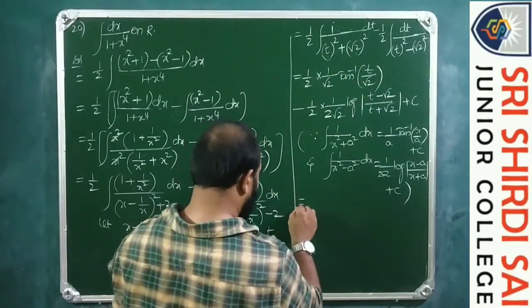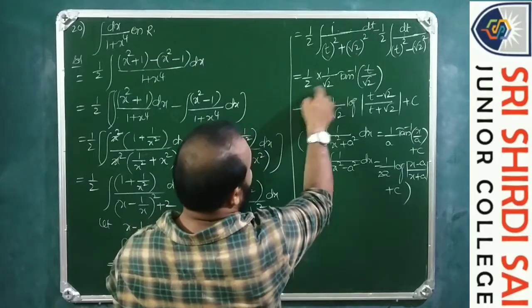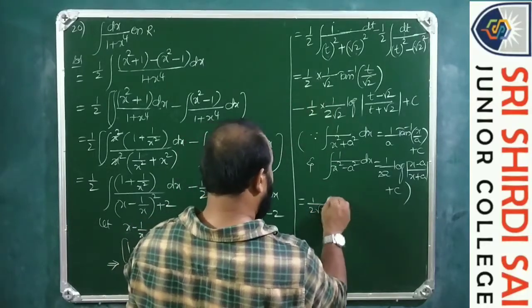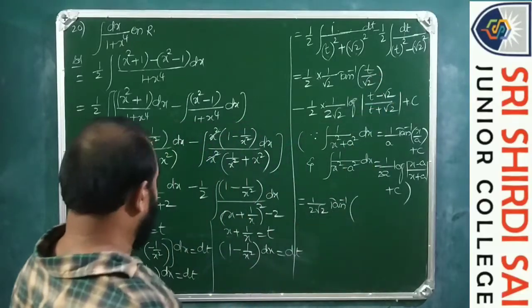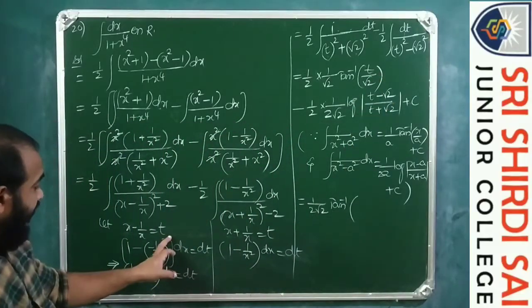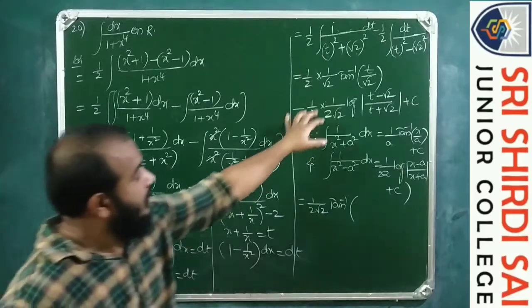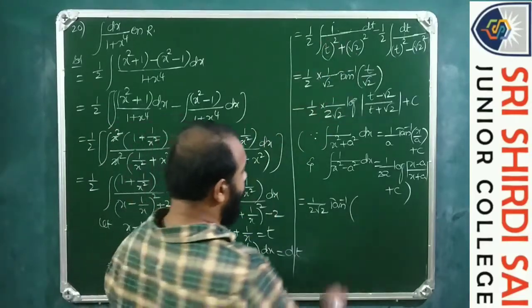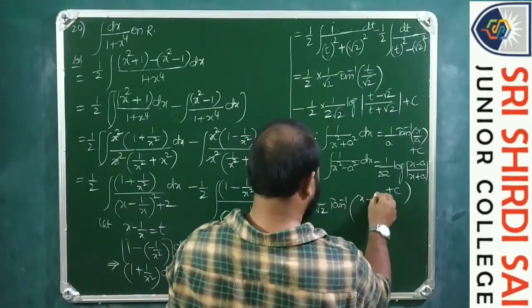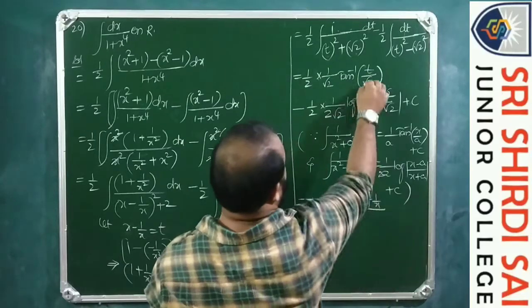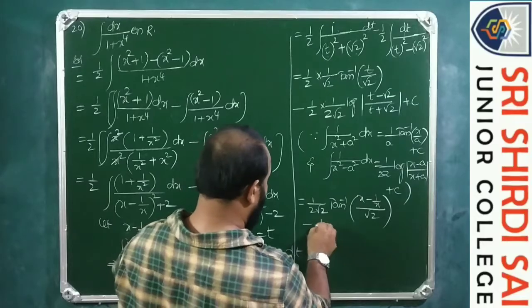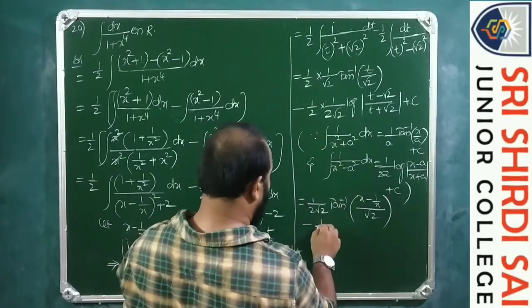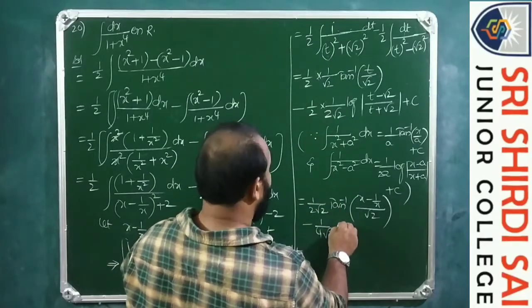Now this is 1 by 2 root 2 tan inverse t, here t I have taken it to be x minus 1 by x in the first case. So this is x minus 1 by x by root 2, minus 1 by 2 2s are 4 root 2 log.